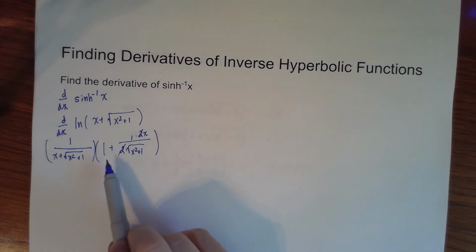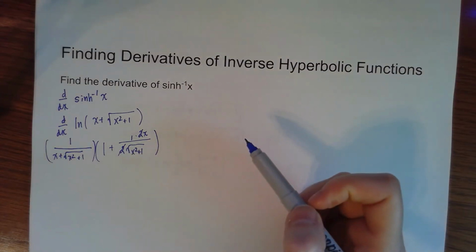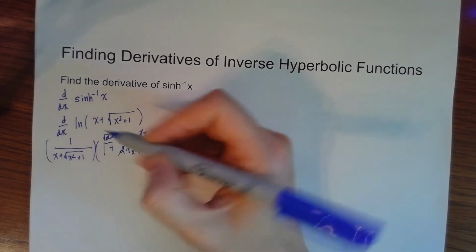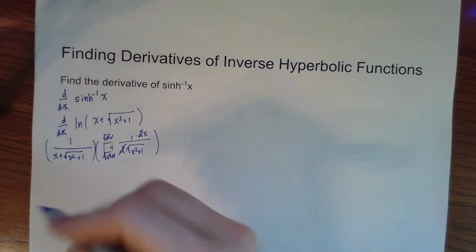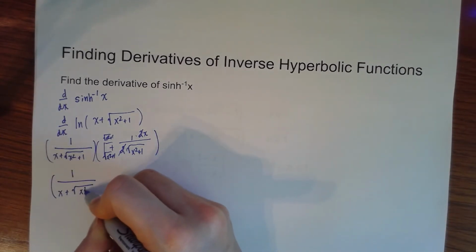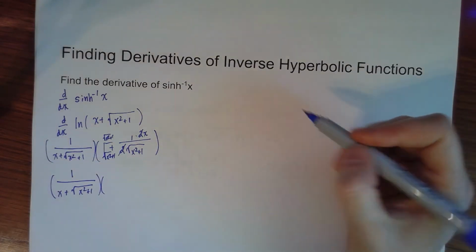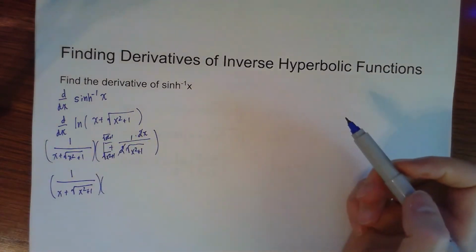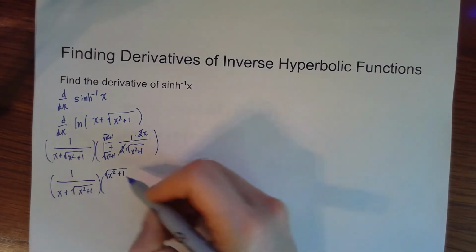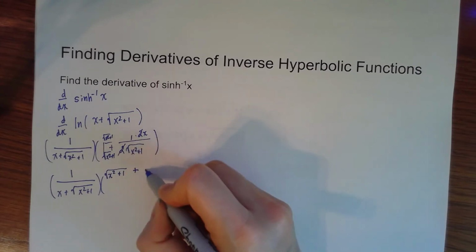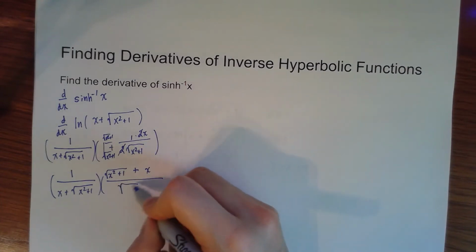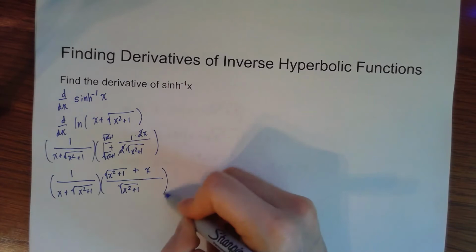Let's rewrite this sum as a single fraction. Think of the 1 as being the square root of x squared plus 1 over the square root of x squared plus 1. So we're going to have 1 over x plus the square root of x squared plus 1, times, if we add these two things that now have a common denominator, the square root of x squared plus 1 plus this numerator over here, which is x, all over the common denominator of the square root of x squared plus 1.